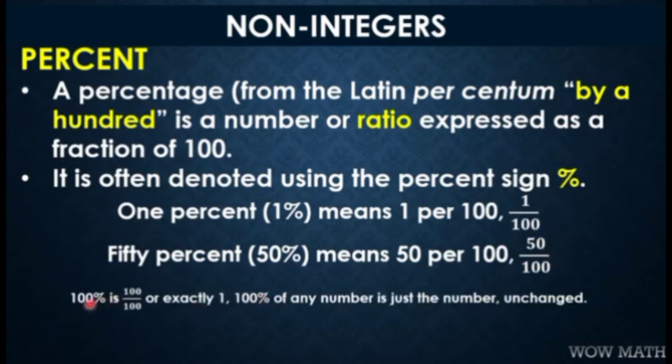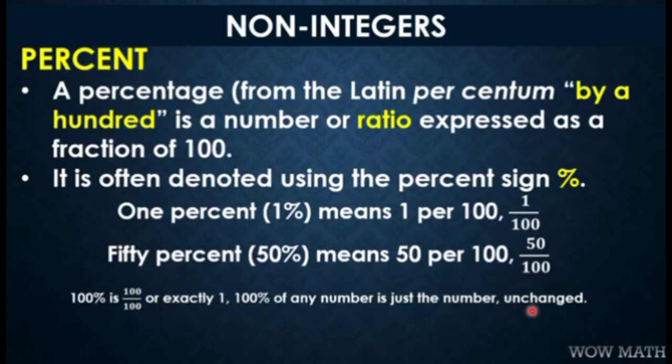Now, 100% is 100 over 100, or exactly 1, because 100 divided by 100 is equal to 1. 100% of any number is just the number, meaning it is unchanged. So if asked, what is 100% of 5? That is still 5. 100% of 2, that is still 2.